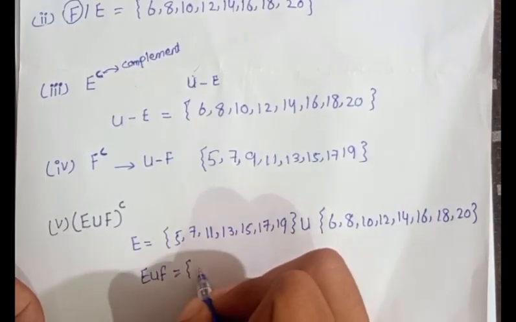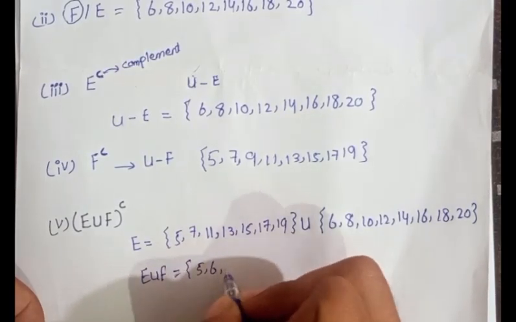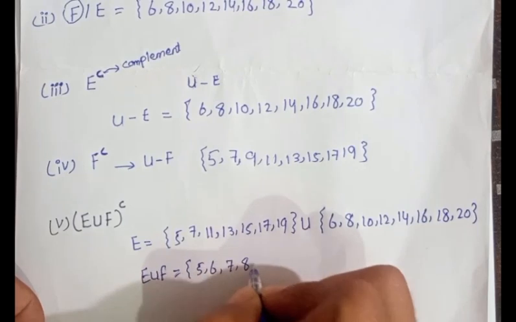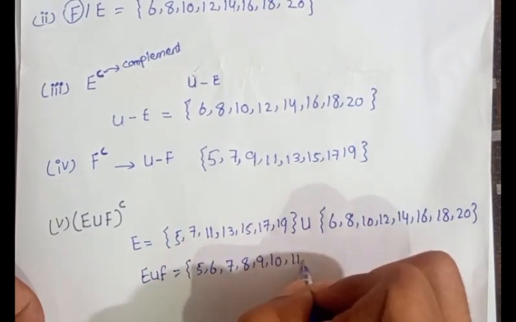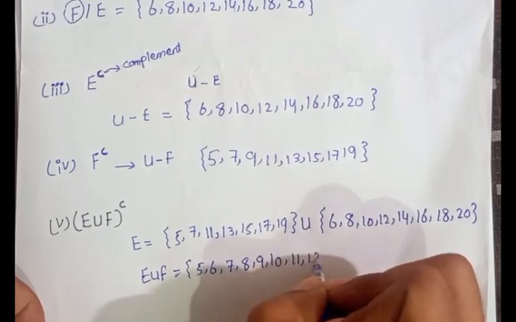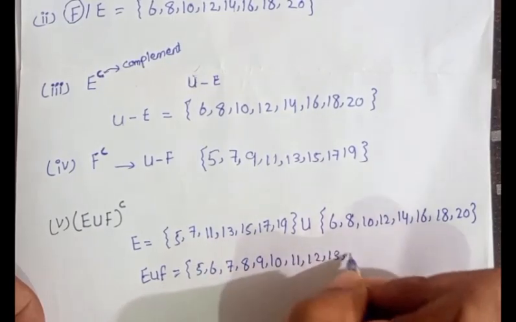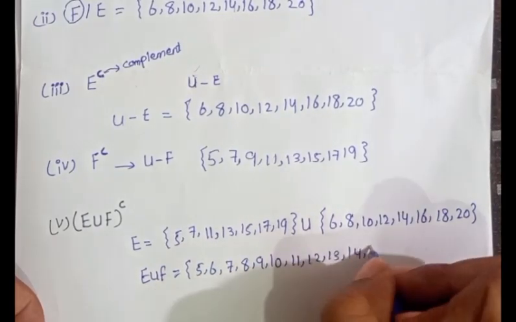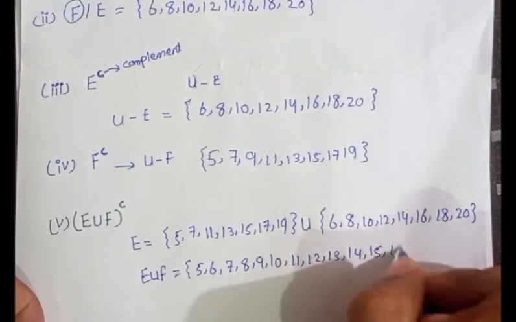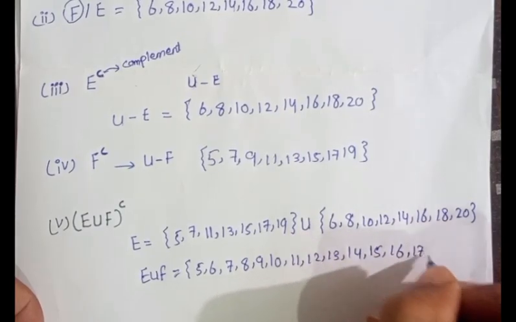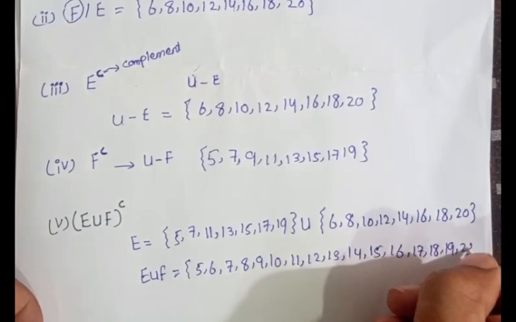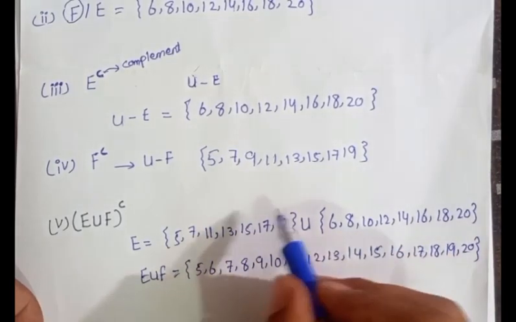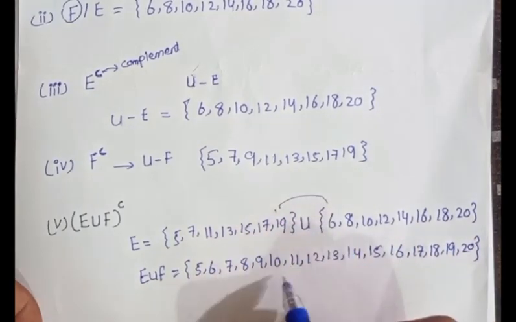That will be 5, 6, 7, 8, 9, 10, 11, 12, 13, 14, 15, 16, 17, 18, 19 and 20. By combining both sets, we get this set.